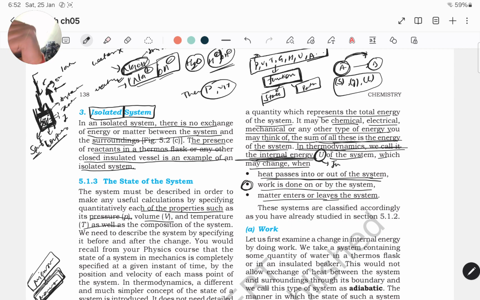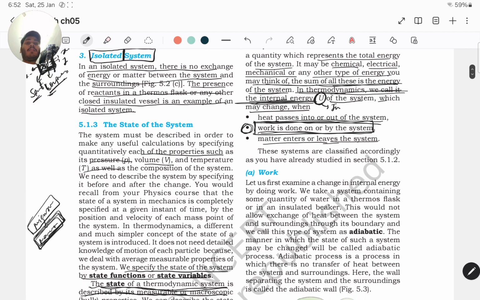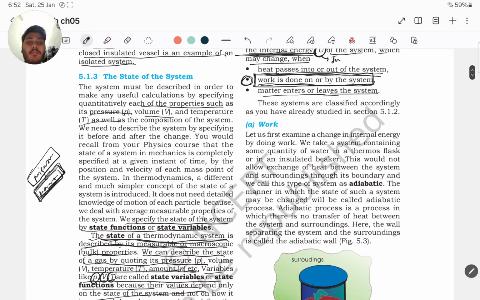When we push in the upward direction, it feels free again, so the internal energy may decrease or increase. Both possibilities are there. That is what the writer wants to explain. So work done on or by the system may affect the internal energy.